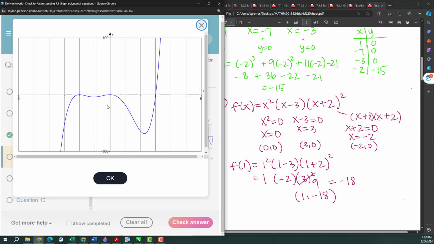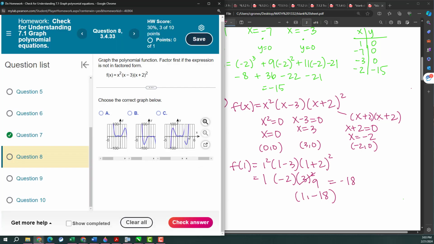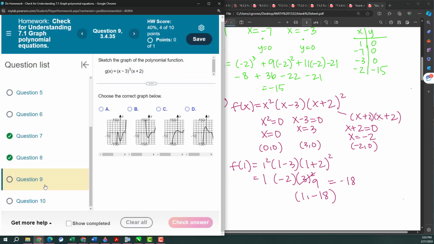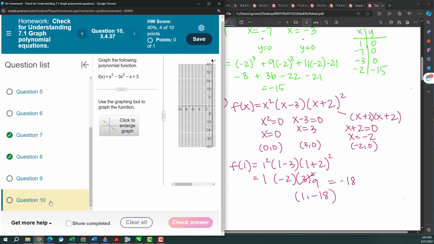So if we break it up like 20, 40, 60, 80, 100, so this would be about around negative 18. So I think it is letter D. Awesome. Okay. I'm not going to look at the rest of these.